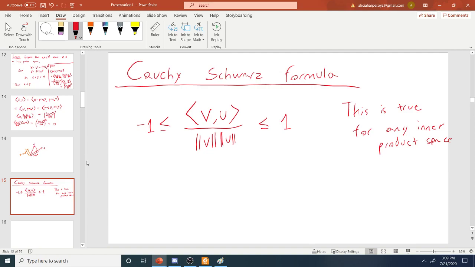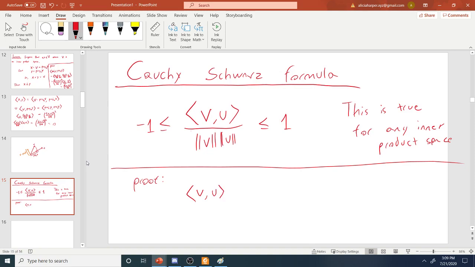What we're going to do is start by looking at the inner product of v with u, divided by the norm of u. So this, of course, is just the scalar projection.